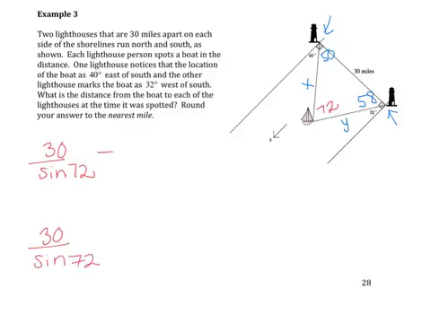So I'm going to use it here in order to find x, and I'm going to use it here in order to find y. Across from x, I have angle measure 58, so sine of 58 goes beneath x. And in using the law of sines below, I'm going to use angle measure 50.